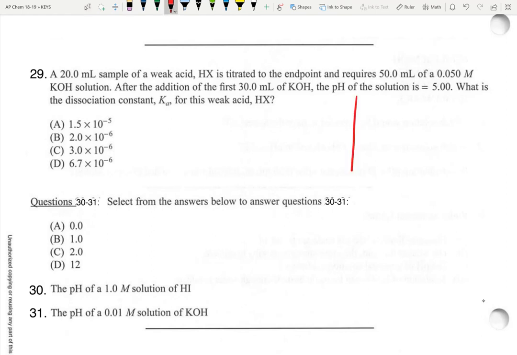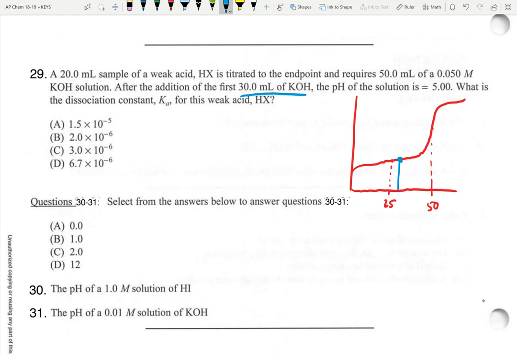Now, it helps to visualize, I think, a little bit, our titration curve again. Something like this. They're saying that this is found at 50 milliliters, the equivalence point. That would make us, let's see, the half equivalence would be kind of here at around 25 milliliters. And in this case, they've added 30 milliliters of KOH being added. So we're right about here, let's just say.